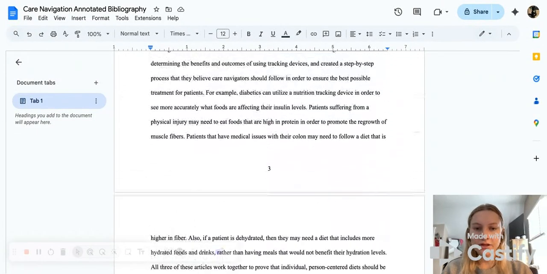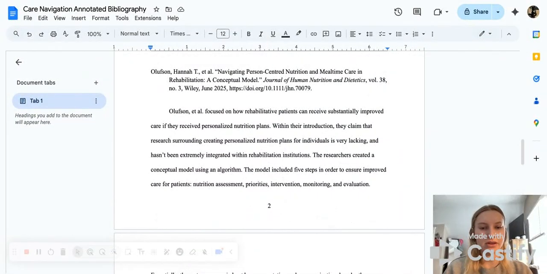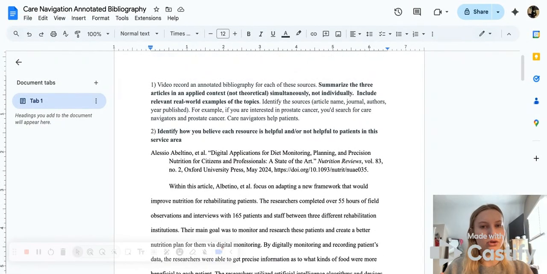But basically, all three of these articles deal with similar issues, but they had enough differences that they really worked together to show how each helped the others back their conclusions. And identifying just how I believe each resource is helpful, I just went through how all of them benefited the patients and the care navigators themselves too.